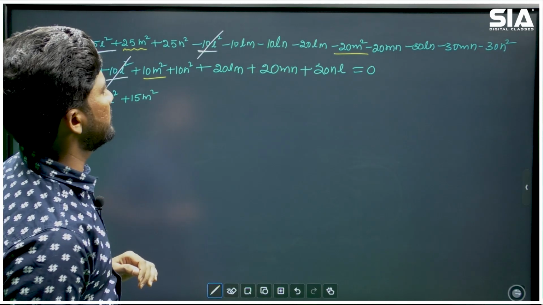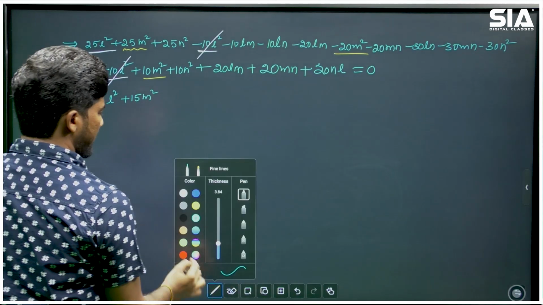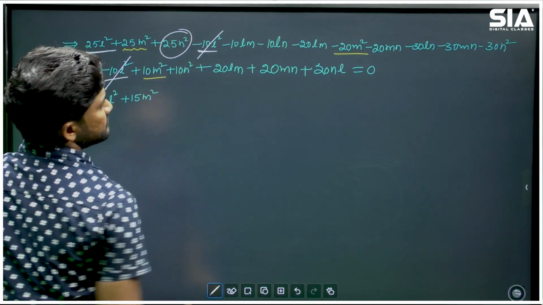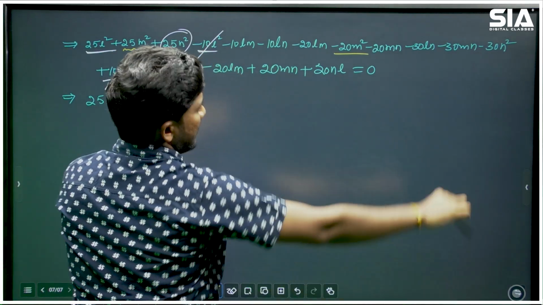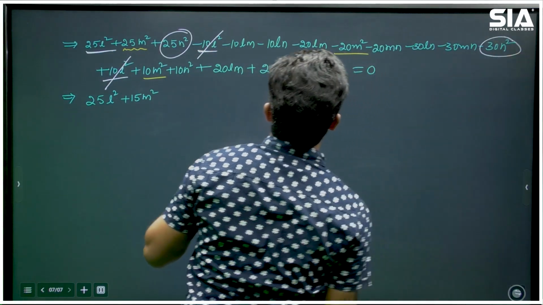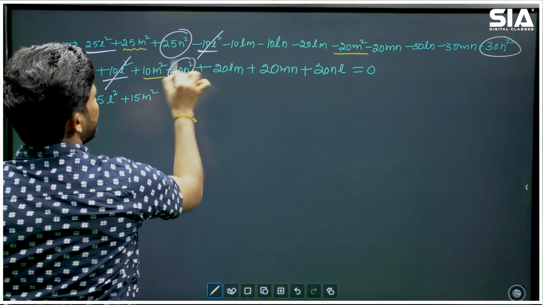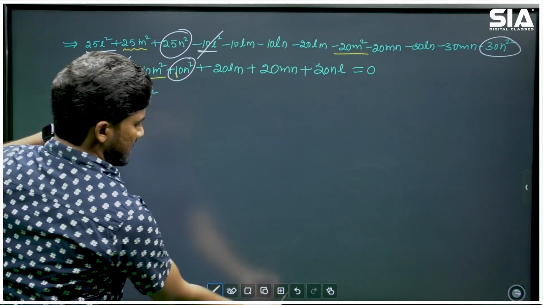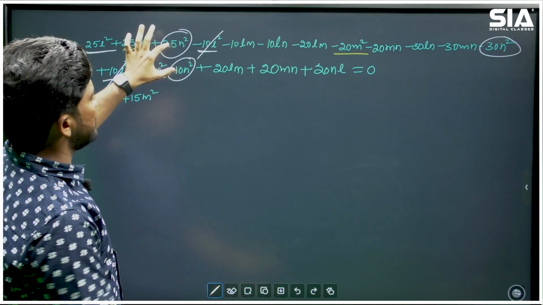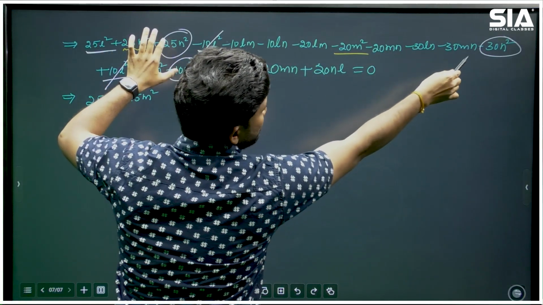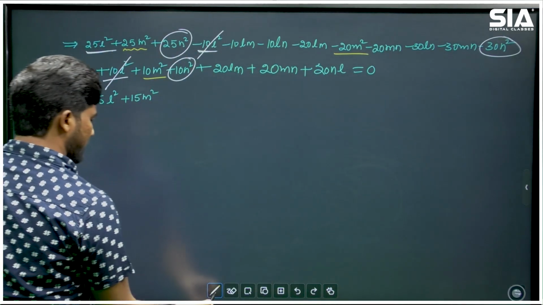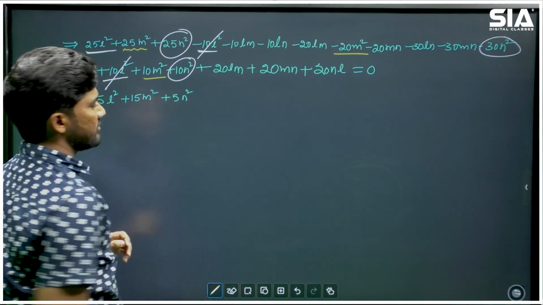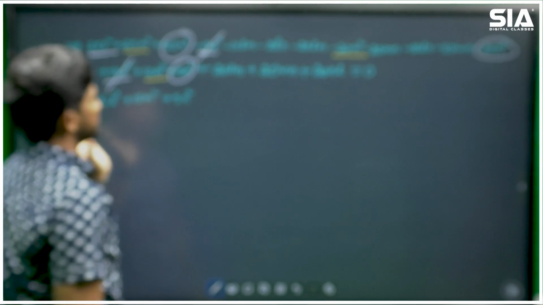Next, similarly, if you take n square, so 25 n square minus 30 n square and one more value 10 n square. 25 plus 10, 35 n square plus 35 n square minus 30 n square. So therefore, we'll get only plus 5 n square. With this, all square terms are completed.